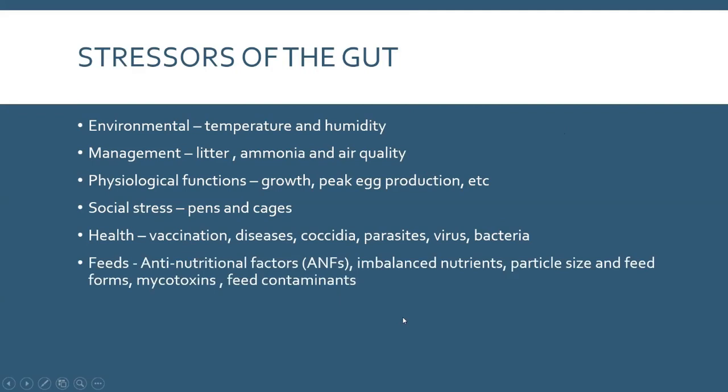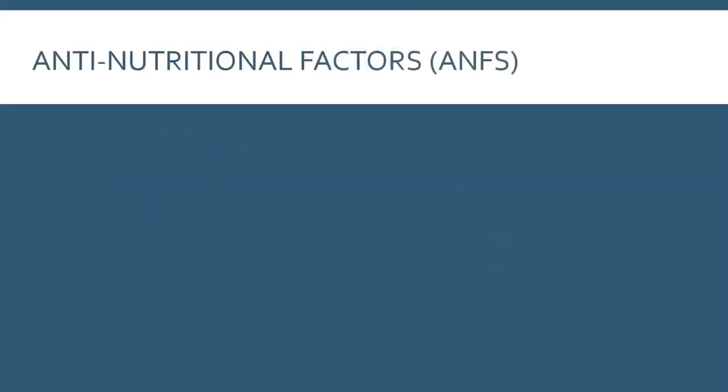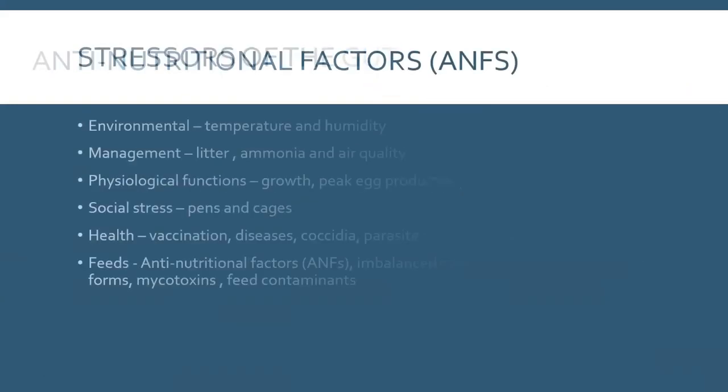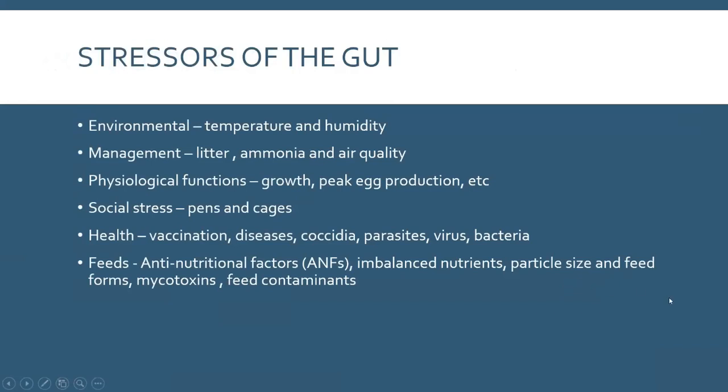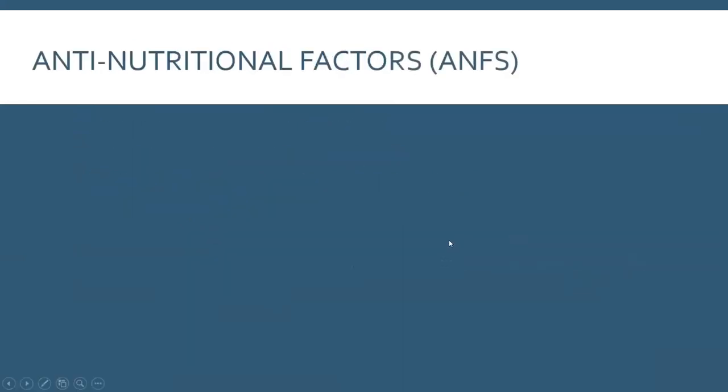And from the feeds, we have anti-nutritional factors. So we would deal more with the anti-nutritional factors later. And then presence of imbalanced nutrients in the feed, particle size, forms, mycotoxins, and feed contaminants.